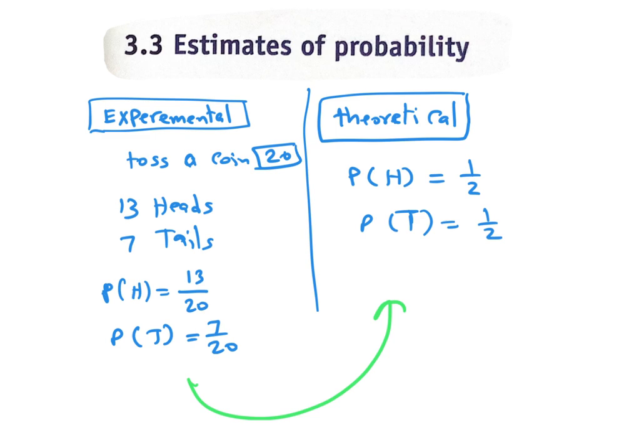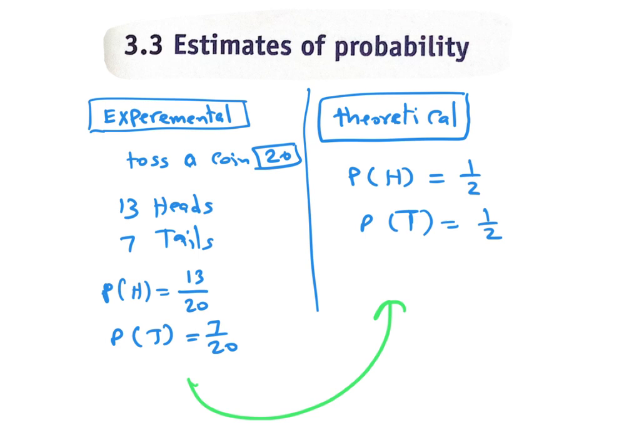Imagine that if you toss the coin 100 million times, about 50% of them head and 50% of them tail. This is approximate.